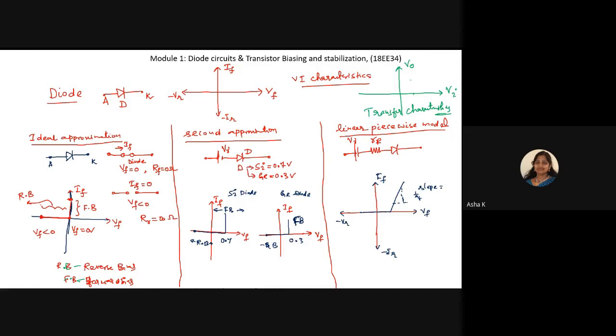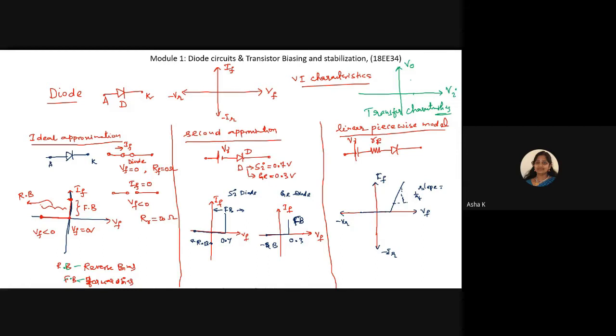Such ideal characteristics are practically not available, but we assume it is an ideal diode. For an ideal diode, when voltage Vf is equal to zero, we have the current If, and the forward resistance is zero.